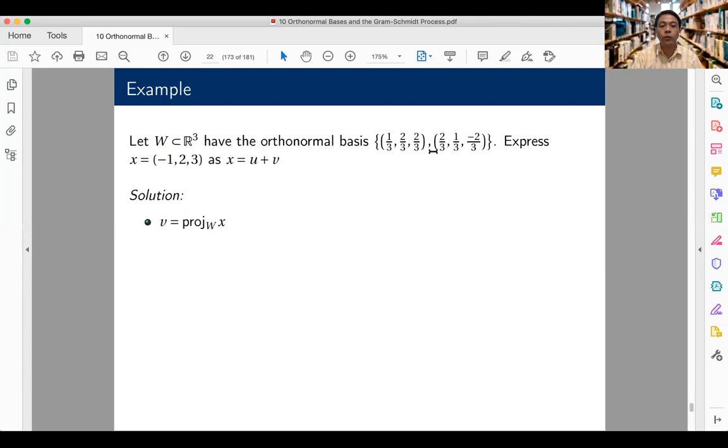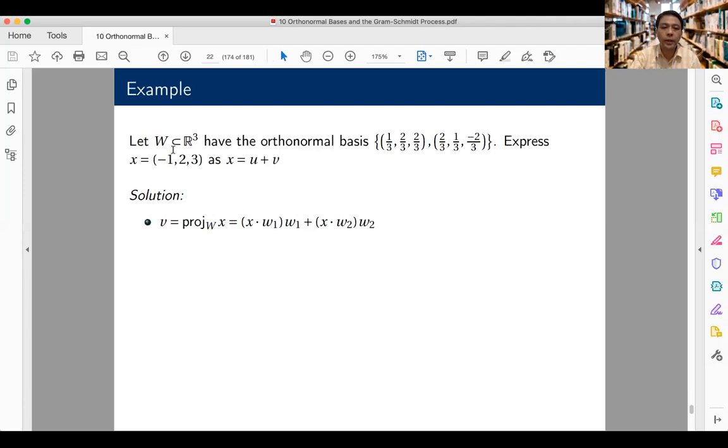So firstly, we need to find the projection of x on W, and that is our v. How do you get the projection of x on W? You show that v is a linear combination of the basic vectors, and so you need the coefficients x dot w1 and x dot w2. x dot w1 is easy, no?